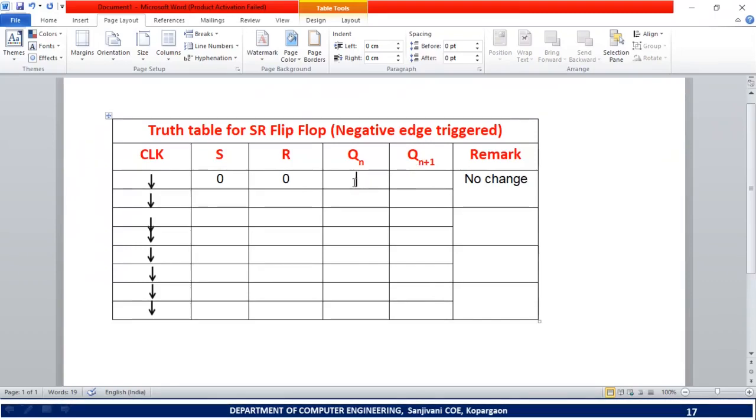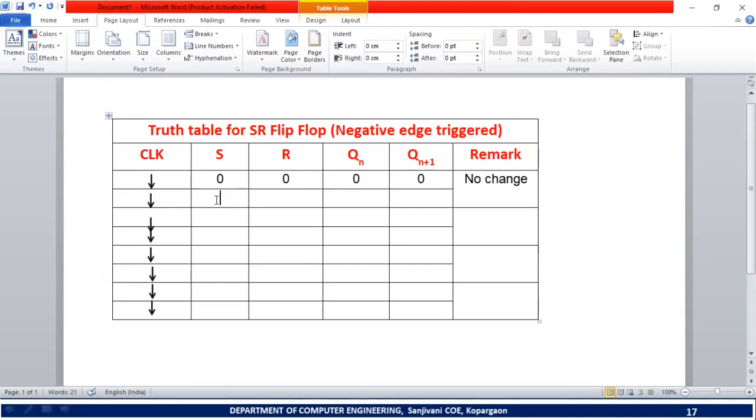Suppose we have applied S and R as 0 0, and the current state of the SR flip-flop is 0. What will be the next state? The next state will be 0 only.